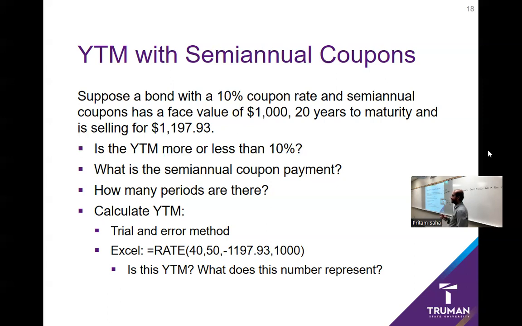Who wants to volunteer? How much did you get? What is the N for this problem? Payment. Face value or future value, 1,000. Present value. Rate of return, or yield to maturity.